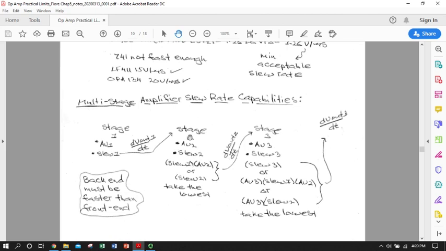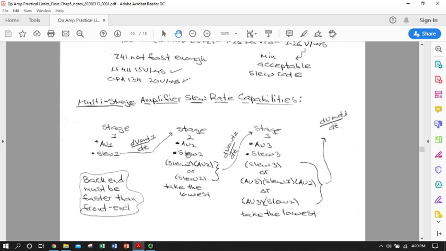So each stage has to be faster. So you can just go through that exercise to know what your slew rate minimum is going to be for each stage based on what you picked for the stage before.